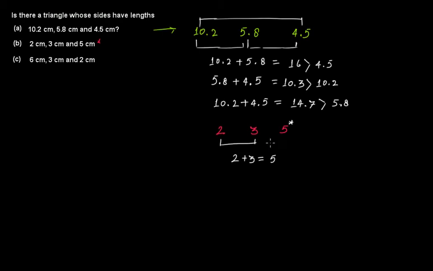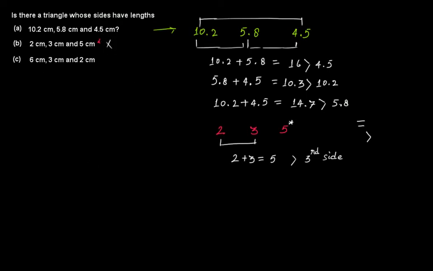But in order to get a triangle with these three sides, this sum should have been greater than the third side. Here it's exactly equal, so it can't even be equal. It has to be greater than in order to get such a triangle. So no, this is not possible.